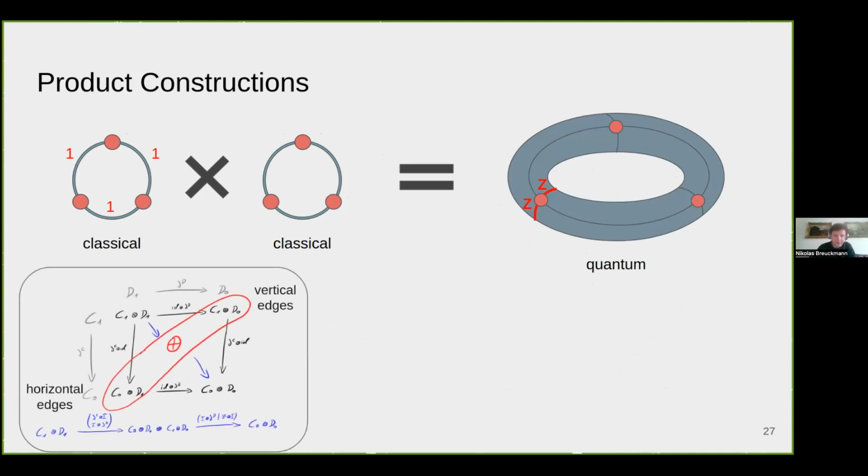To relate this back to the diagram I showed before: the faces are just the products of edges. Then there are 2 types of edges, which are products of the initial edges with a vertex or the other way around. These give us our horizontal and vertical edges in the torus. And then we have vertices, which are just products of vertices of the inputs.